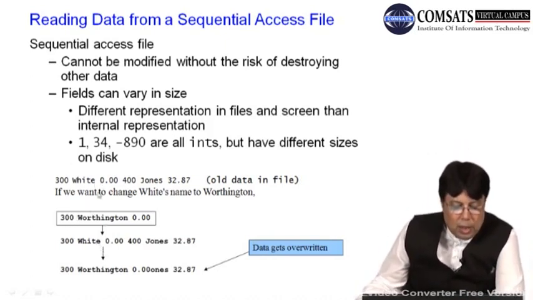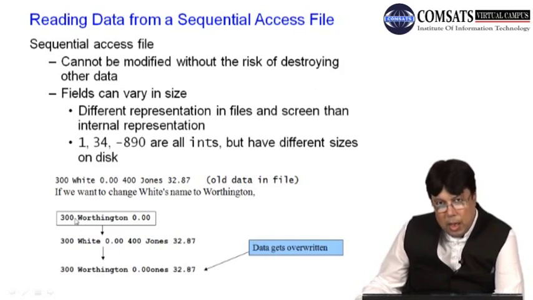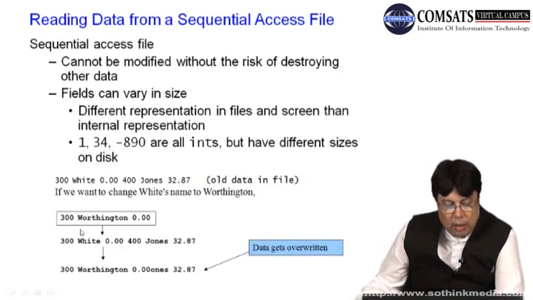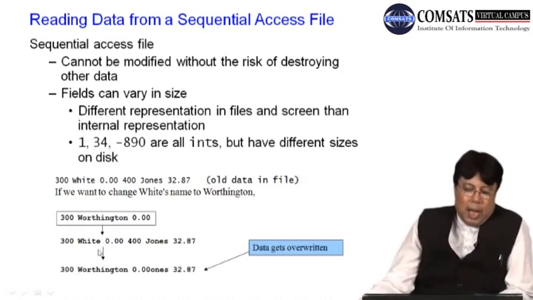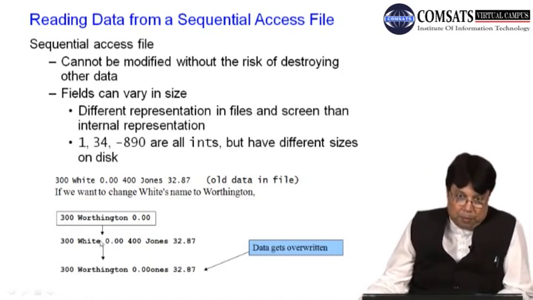The old file will contain 300. If it is integer data, it must be 2 bytes, or it could be 4 bytes. So the 4 bytes will contain this information. Then it will contain 1, 2, 3, 4, 5 and a null terminator. So 6 bytes will be there that will have White, meaning the name of the person.